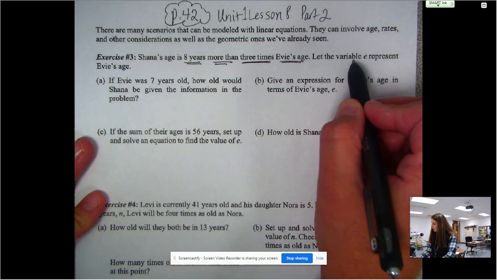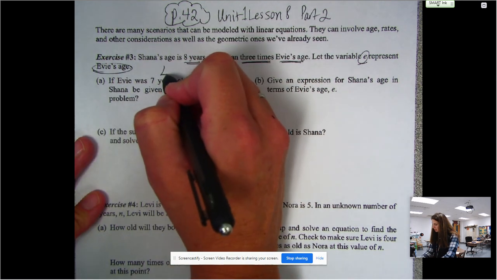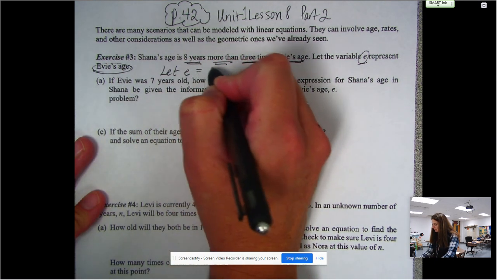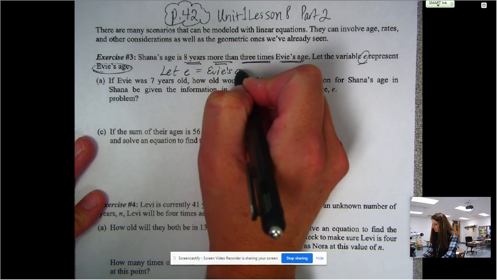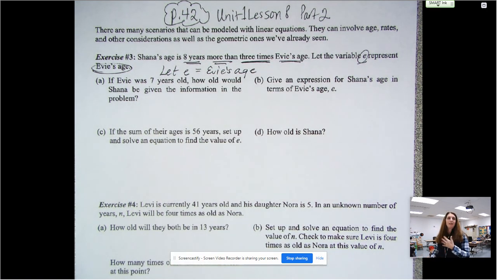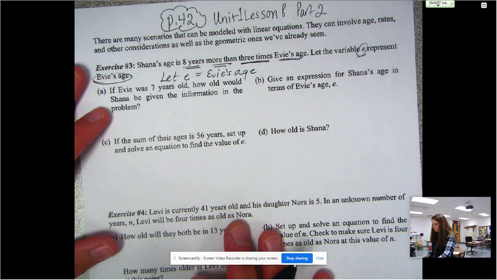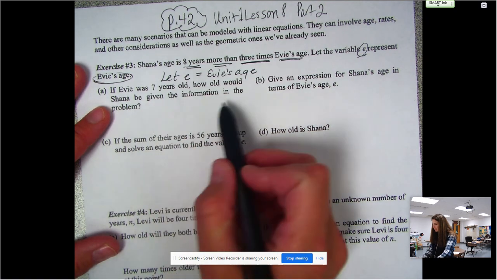Let the variable E represent Evie's age. So I'm actually going to write this down. Let E equal Evie's age, just to keep my brain focused back on who I am studying and what their age is. If Evie was 7 years old, how old would Shauna be given the information in the problem?